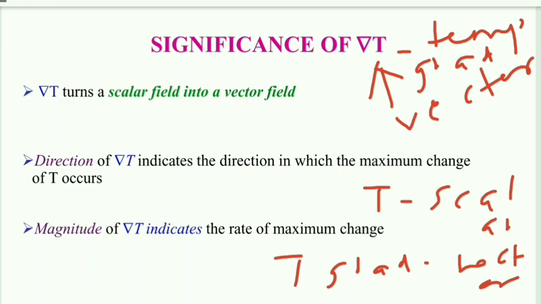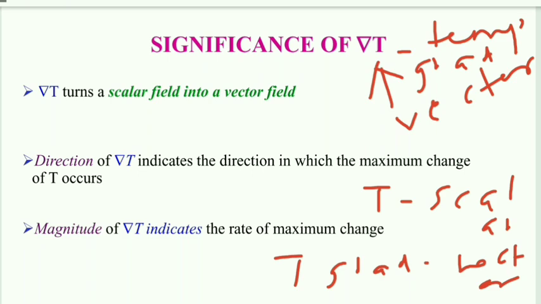If we go from the hall to the kitchen, we will see the maximum increase in temperature gradient, because compared to the hall, the kitchen has more temperature. So this is a positive temperature gradient. If we move from our hall to a bedroom which has AC, then we feel that the temperature is less in the bedroom compared to the hall. That means we are moving in the direction towards the least temperature in the home.